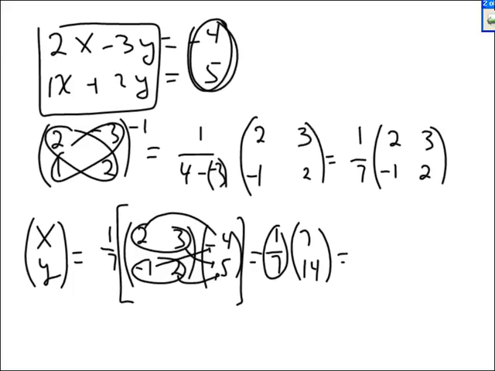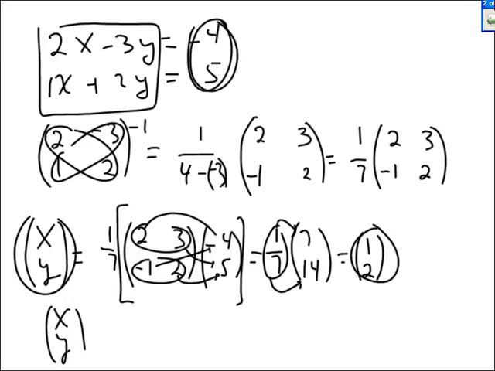And 1/7 of 7 is 1, and 1/7 of 14 is 2. So just copying down, xy equals 1, 2. X is 1, y is 2.